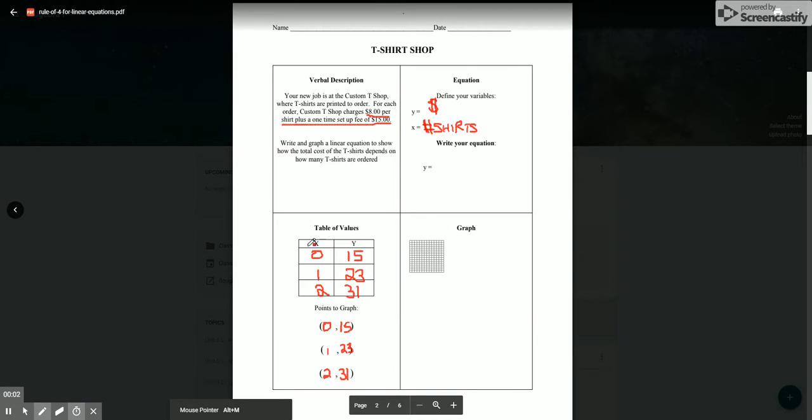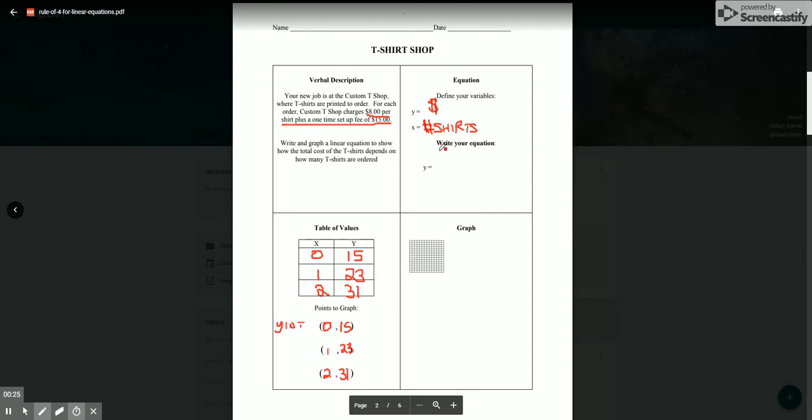All right, continuing our work on the t-shirt shop problem. We've identified our variables. We've built a table, identified some points, and of course when x is 0, that's going to be our y-intercept here.